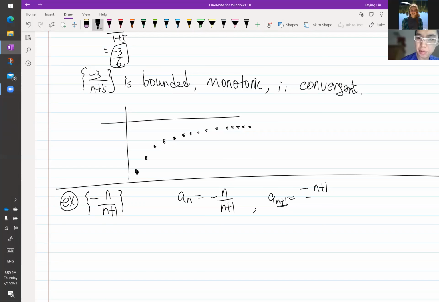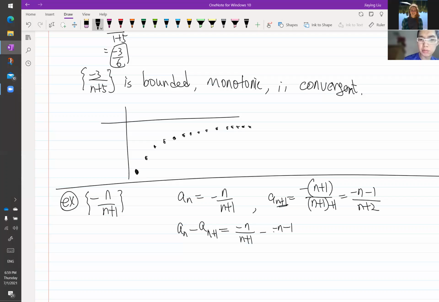So (n+1 over n+1+1). That's a_{n+1}. I'm going to rewrite it as (-n-1) divided by n+2. So I want to know if it's increasing or decreasing. So I'm going to find a_n minus a_{n+1}, the difference. So that's (-n/n+1) minus (-n-1 over n+2).